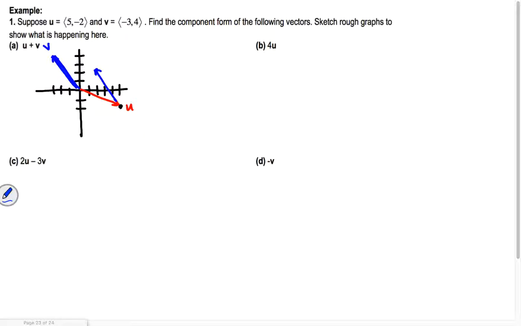What this creates is a little parallelogram shape. Sorry, my first line wasn't very straight, so that's causing me issues here. Do you guys see how it's creating this parallelogram shape? The resultant, u plus v, is this line right there. It's the diagonal of that parallelogram. So this is u plus v.